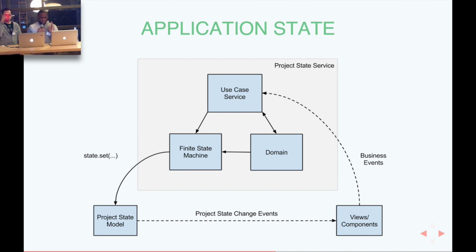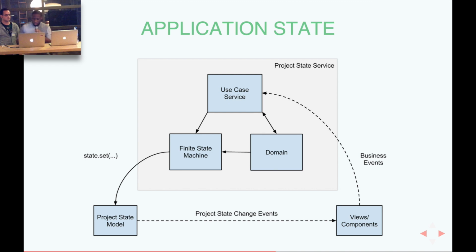So the project state service has a domain service which creates and manages persisted entities. Like the project model in our case, which has a title, description, all that stuff. Then we have a steps collection, which is a collection of each step.